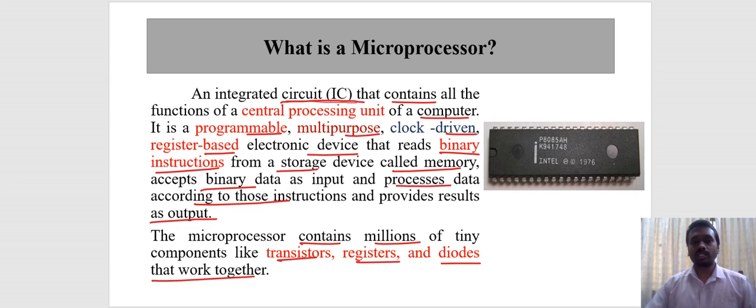So the microprocessor is an integrated circuit which is a combination of several components like transistors, resistors, and diodes. These are all the internals of a microprocessor. So basically we can say that it is a simple IC, but the important thing is that it is a programmable IC.